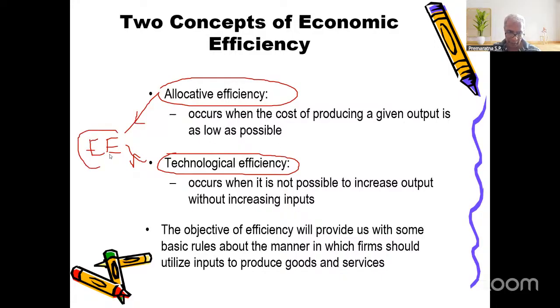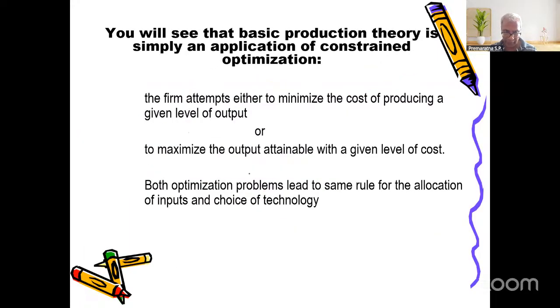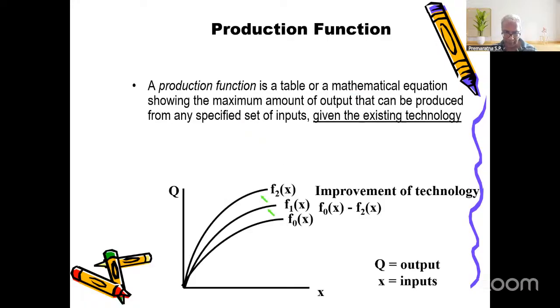And producers try to either minimize cost given output, or maximize output given budget or given cost. That is how producers reach this economic efficiency level. So what we try to understand in this lesson is these two things, cost minimization and output maximization given cost, and the previous one, given output. This is related to today's exercise.